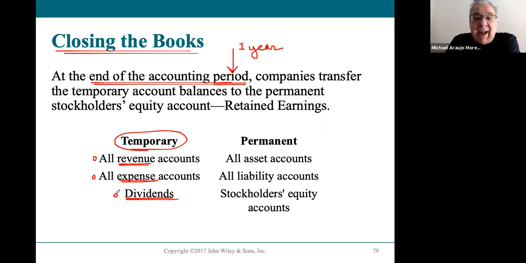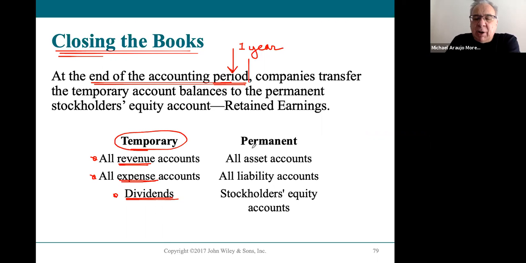So we can start counting revenue and expenses and dividends for the new period, keeping them separate from the old period. The idea of closing the books is bringing these accounts, the revenue accounts, the expense accounts, and the dividends account, to zero at the end of the accounting year. That's basically what we're going to be doing.